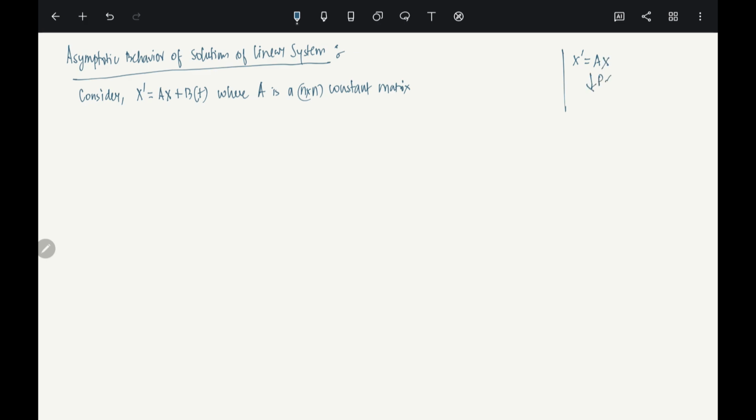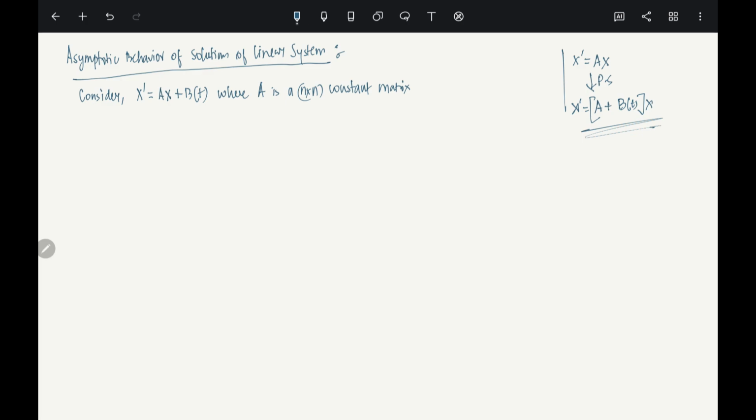Now the perturbed system is this, x prime equals, what are you perturbing? You are perturbing the initial matrix, right? So A is perturbed a little bit, and the perturbation is a function of t. That was the perturbed system, but this is an inhomogeneous system, different, right? So it is x prime equals A x, and then we take a small perturbation given by b of t.